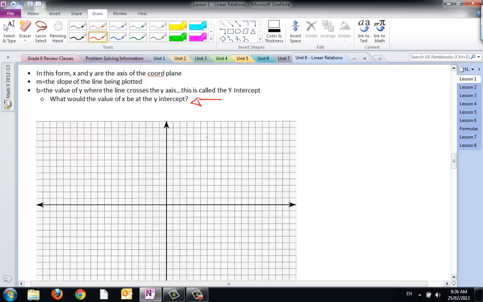Well, if I draw any line on here, and I take that line through a point where it crosses the y-axis, the point where the line crosses the y-axis has a value for both x and y, and you can see that the value of x at the y-intercept will always be 0.